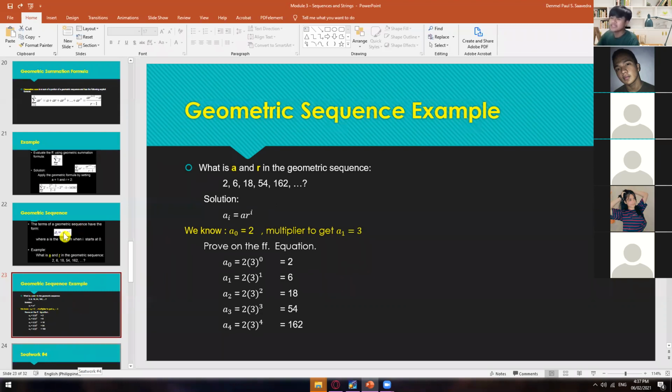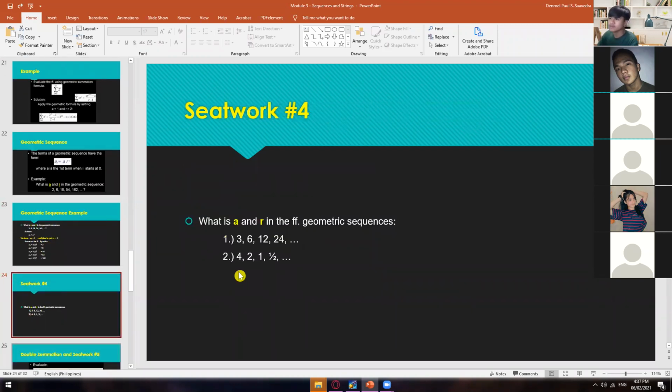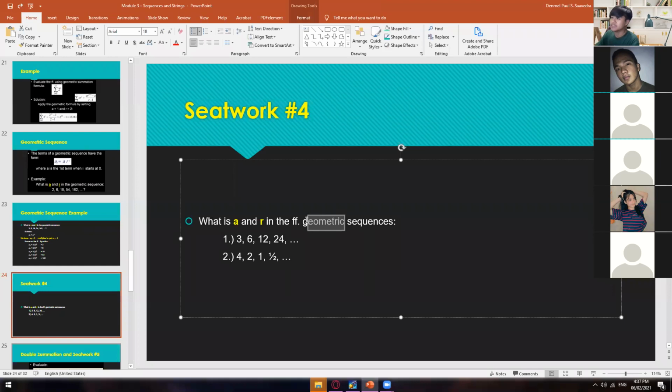So once you're done understanding those examples and concepts for geometric sequences and summation sequences, then you may now start answering this one. Sorry. This one is only geometric sequences, not summation sequences. So in here, there's only two numbers, the same with our past example.